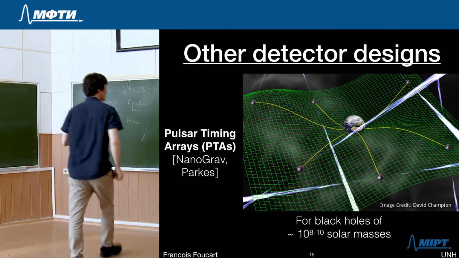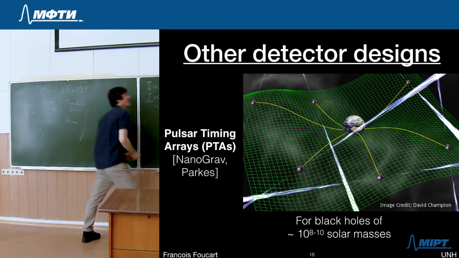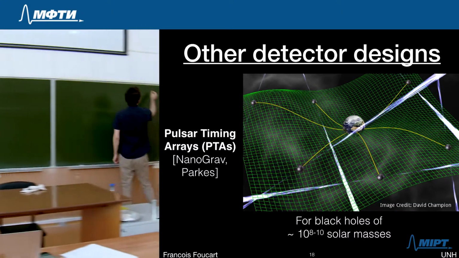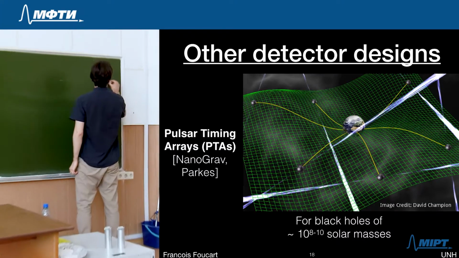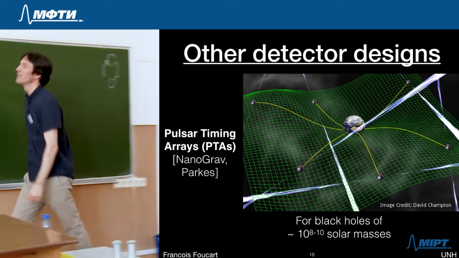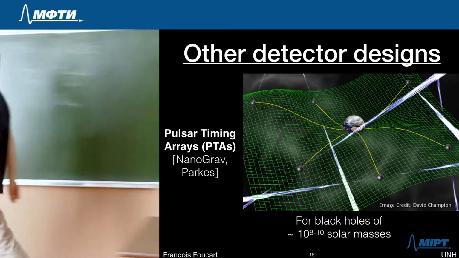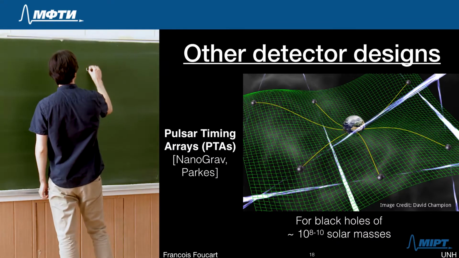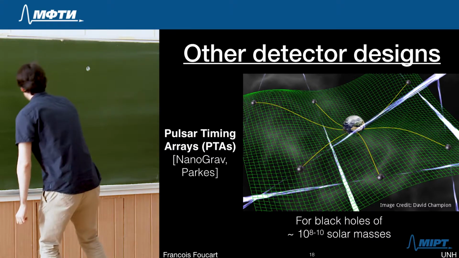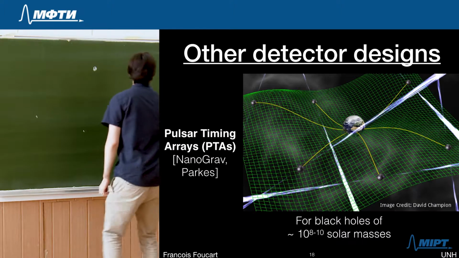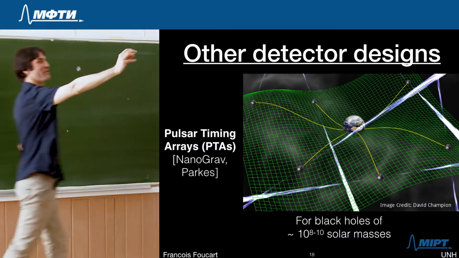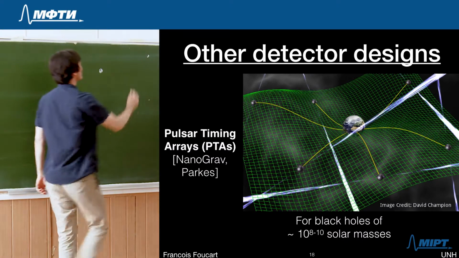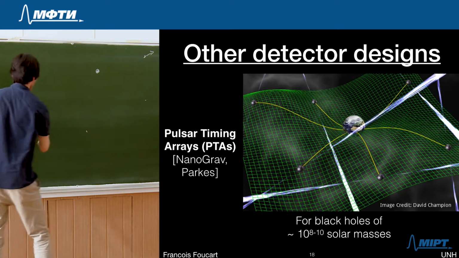Okay. So let me. Right, so let's say I have a binary black hole here, very far away. And then I have the galaxy over here. It's us here, and then a neutron star here, a neutron star here, a neutron star here, a neutron star here. And the gravitational wave is passing by, and maybe this pulsar is moving away. This one is moving away.